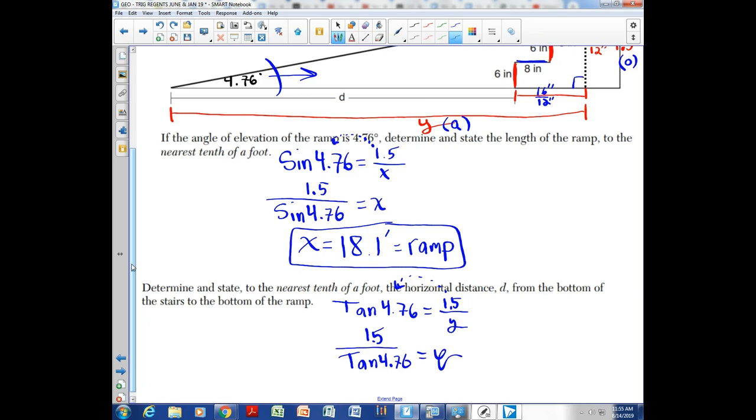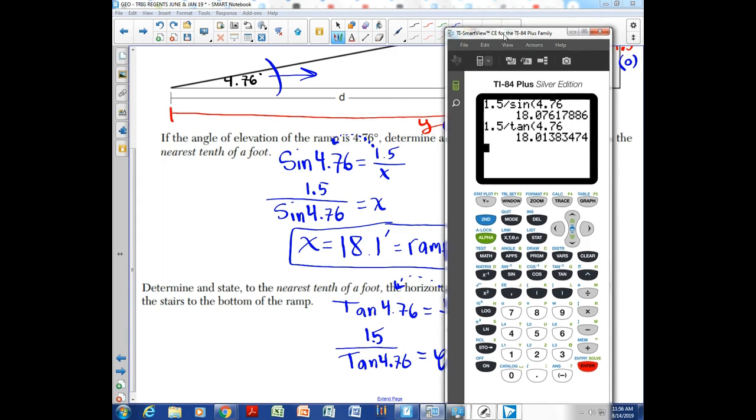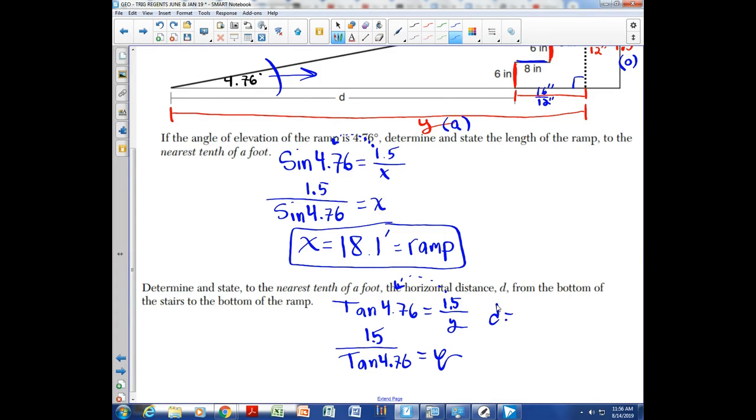All right, go to my calculator, and 1.5 divided by tan of 4.76 is equal to 18.01. I'm going to leave that number in my calculator. I'm going to show you why. Because I know that my D is going to be my Y minus this little part over here, which is 16 divided by 12.